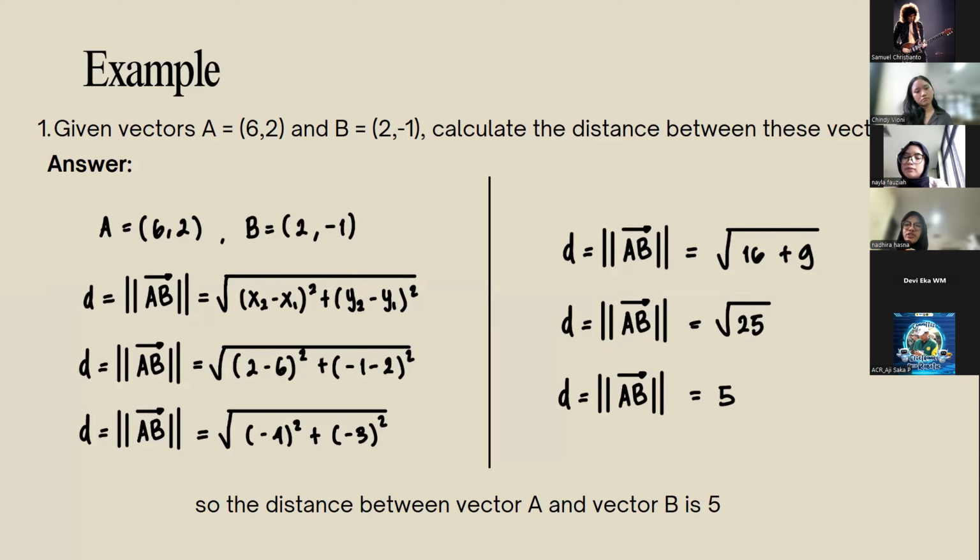So we get the square root of (2 minus 6) squared plus (negative 1 minus 2) squared, which equals the square root of negative 4 squared plus negative 3 squared, so the square root of 16 plus 9, the square root of 25. So the result is 5. The distance between vector A and vector B is 5.